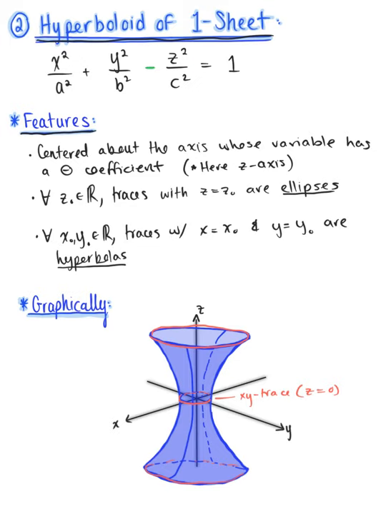We can also see the hyperbolas for both the yz trace and the xz trace. Here are the yz traces, when x is equal to 0. And we can also see the hyperbola for the xz trace, which is when y is equal to 0.